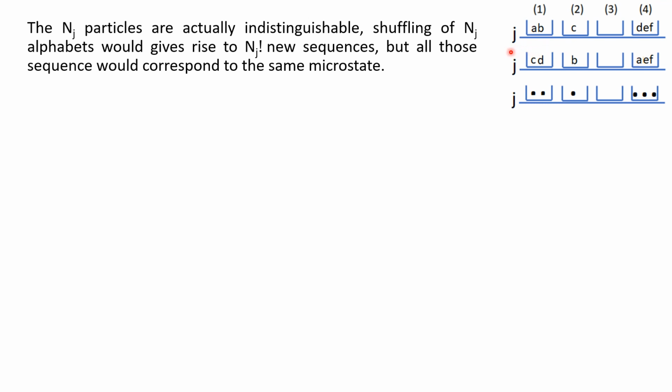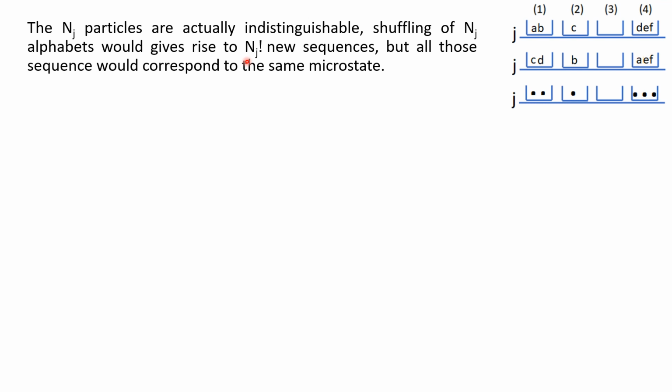So we have 2 different microstates which are generated because of the shuffling of A, B, C, D. However, if we consider these particles A, B, C, D as indistinguishable and we replace them by dots, these 2 distributions now correspond to a single distribution. So when we consider the particles as distinguishable and represent them by A, B, C, D, there are actually Nj factorial new sequences.